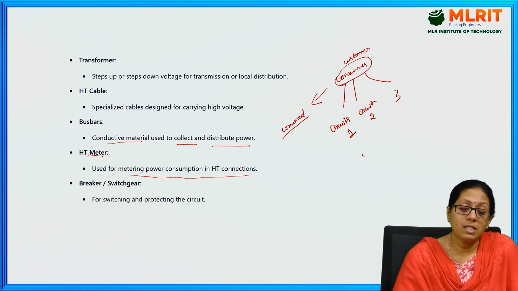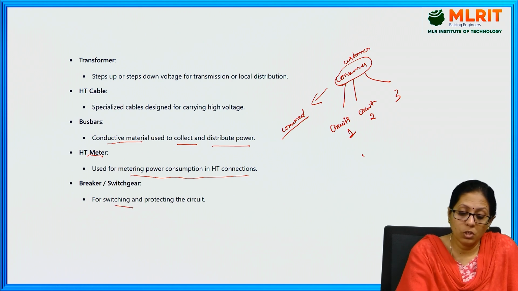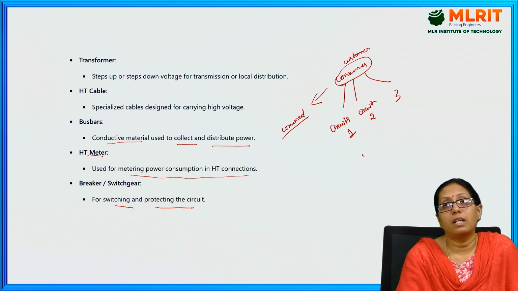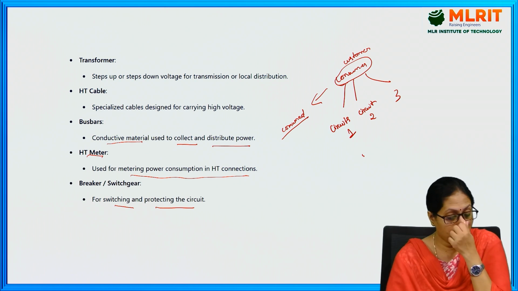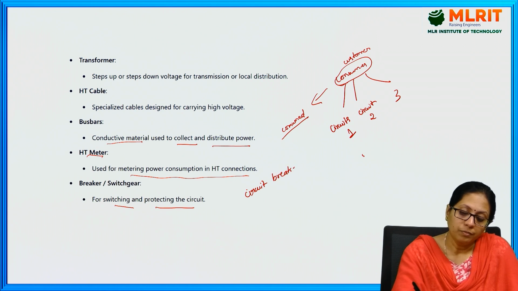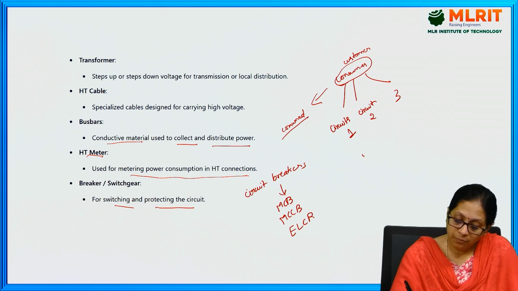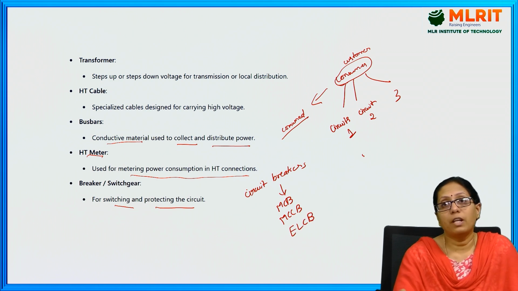The next one is breaker or switchgear. It is mainly used for switching and protecting the circuit. It is used for breaking. Breakers are different types of circuit breakers, like MCBs, miniature circuit breakers, MCCBs, molded case circuit breakers, or ELCBs, earth leakage circuit breakers.